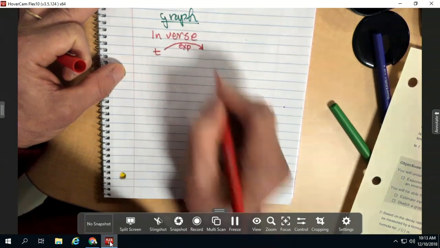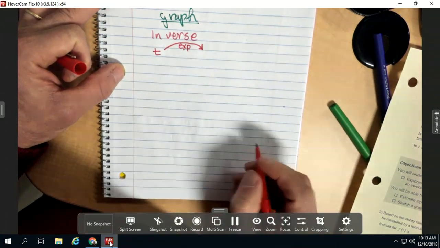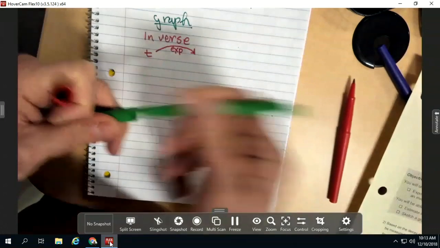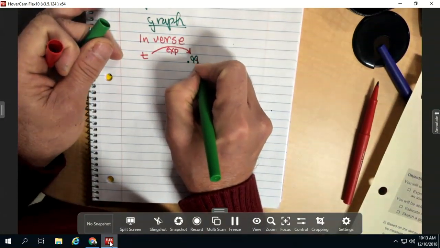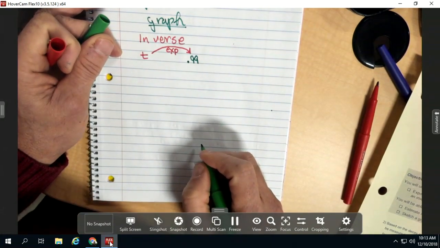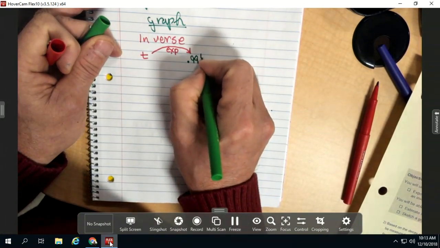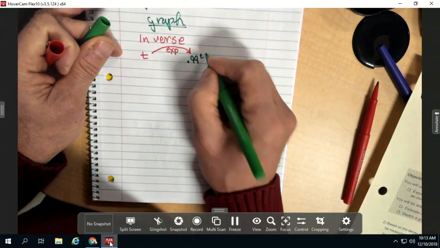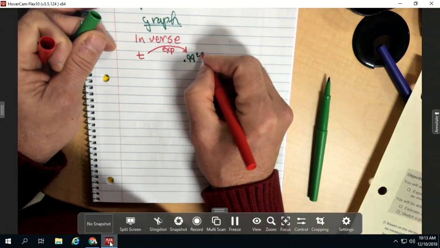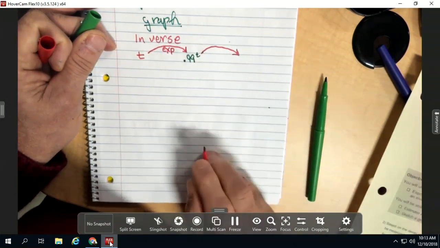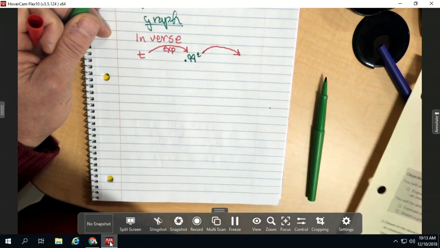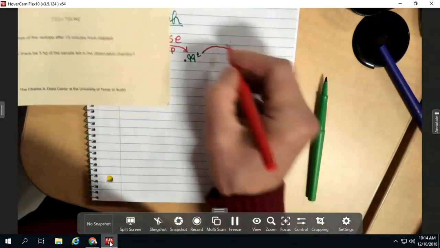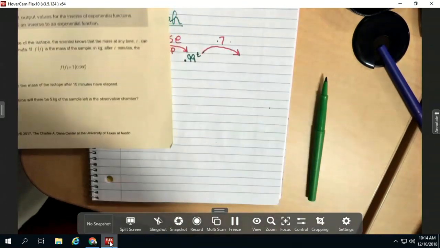We exponent t to what base? 0.99, right? So 0.99 to the t. Then what do we do? Times by 7.